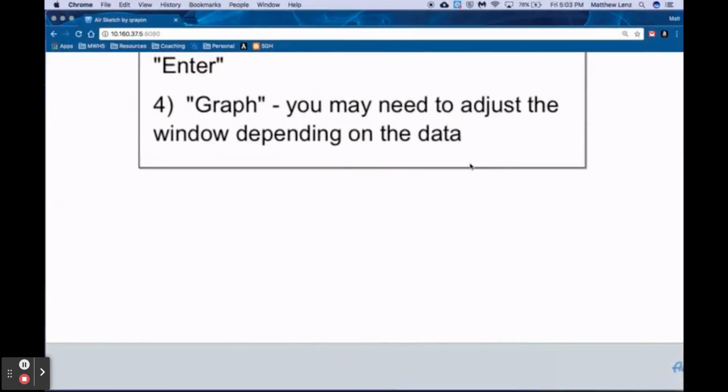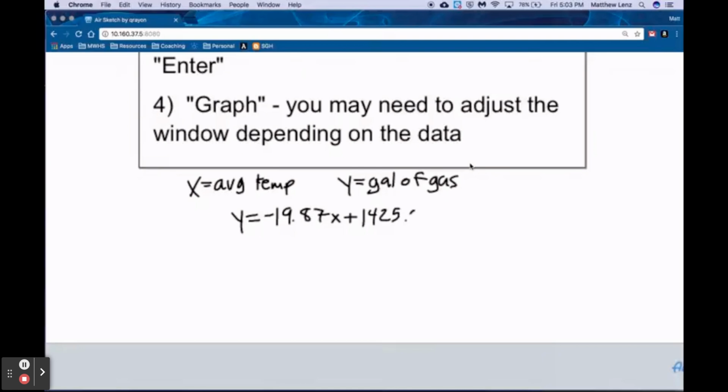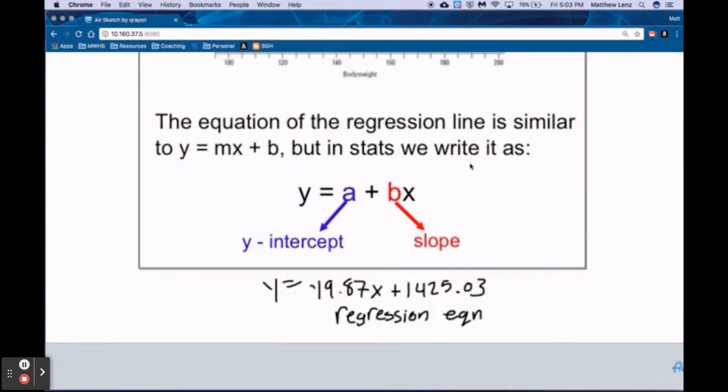The data that we collected was X equals the average temp in a certain month, and Y equals the gallons of gas that were consumed in that month. And again, our equation was Y equals negative 19.87x plus, I'm going to have to double check, but 1,425.03, I believe. Yes. Okay.